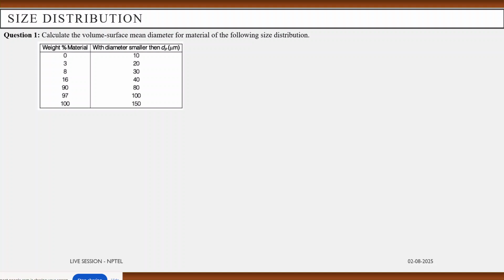This is the formula for volume surface mean diameter, 1 upon summation of xi by dpi. Now you calculate. At first you make the table.